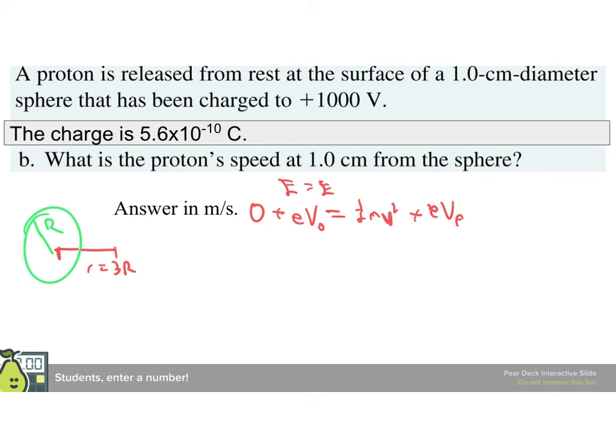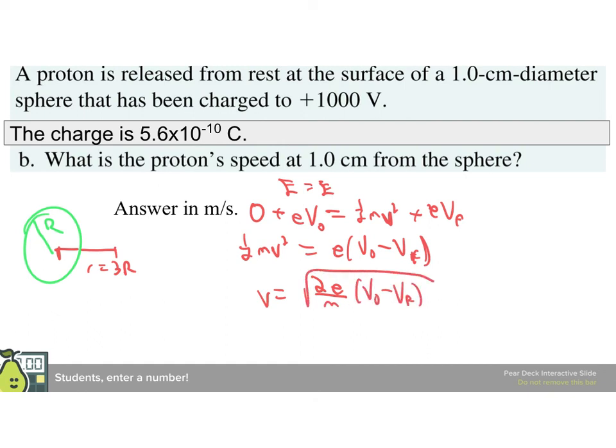A lot of V's going on here, which is a little awkward, but we get 1/2 m little v squared is the charge of the electron times the initial voltage minus the final voltage. Therefore, the velocity is going to be the square root of 2 times the electron charge over the mass times the difference in voltages. But if we're 3 times further out, we know the voltage is 1/3 as much. So I can say it's 2e over the mass times 1/3 the original voltage.